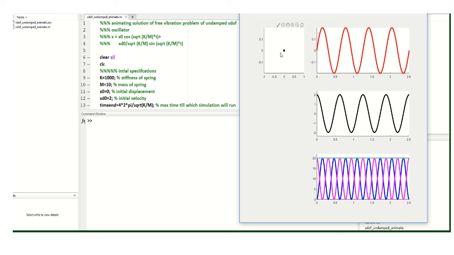You are giving only initial velocity, no initial displacement, and because of that the mass is at the equilibrium. However, there is no change in the period of oscillation.